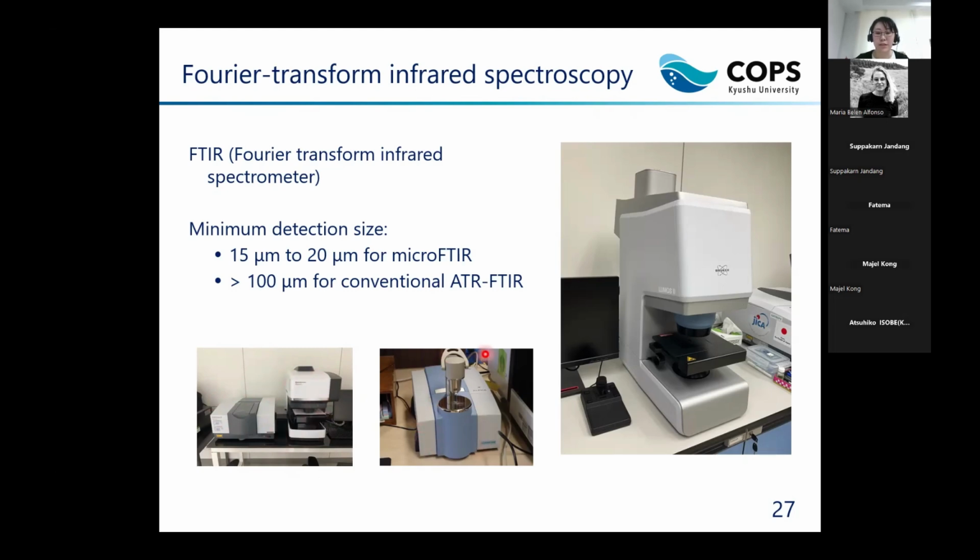Also, some FTIRs have just the ATR. Later I will introduce the ATR, but ATR unit only. And also other manufacturers show micro FTIR having a micro ATR unit. So you should clarify what kind of FTIR you use in your research. Otherwise, the reader cannot understand the limitation of your method.